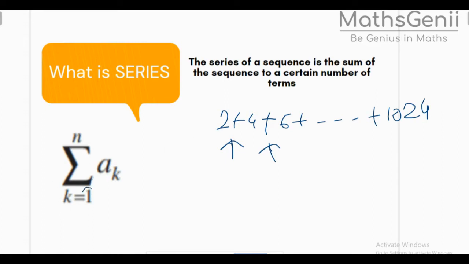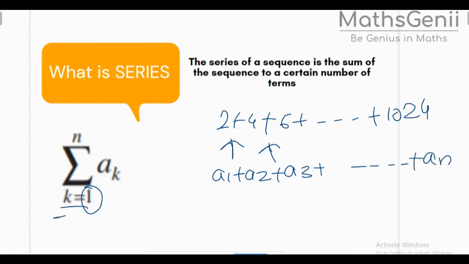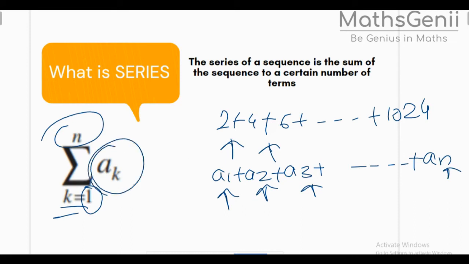k starts from 1. So for example, this is your A1 plus A2 plus A3 till An. So k starts with 1, this subscript is k, and it ends at n. And inside would be the rule that we had defined.